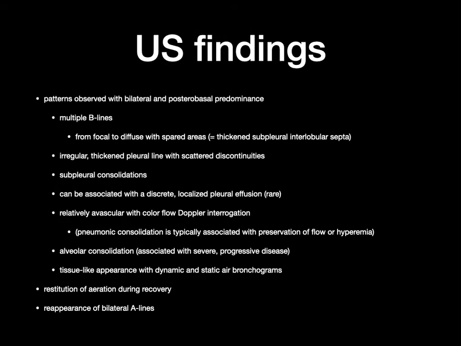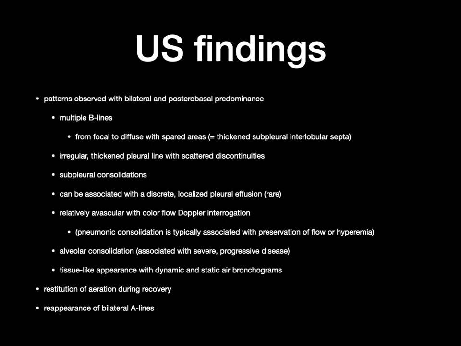And then the ultrasound findings, if you put all this literature review together: B lines from focal to diffuse, and you can have those light beam patterns as well. The pleura can be thickened with some discontinuities. You can have small subpleural consolidations, and very rarely local little pleural effusions.